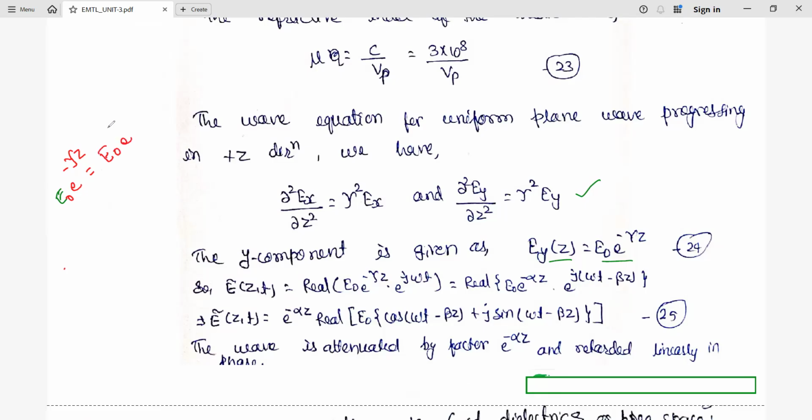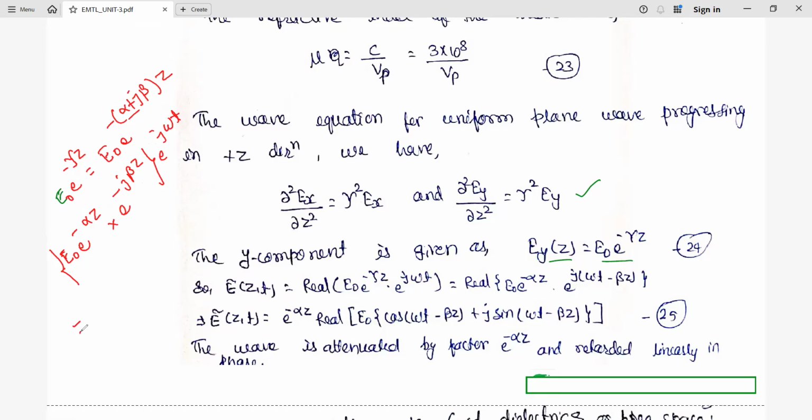So E naught e to the power minus (alpha plus j beta) into z. And to convert this into the time domain, we are multiplying with e to the power j omega t. So finally we'll have E naught e to the power minus alpha z into, the sign is plus in between, that means we can write e to the power minus j beta z. And this equation we are going to multiply with e to the power j omega t.